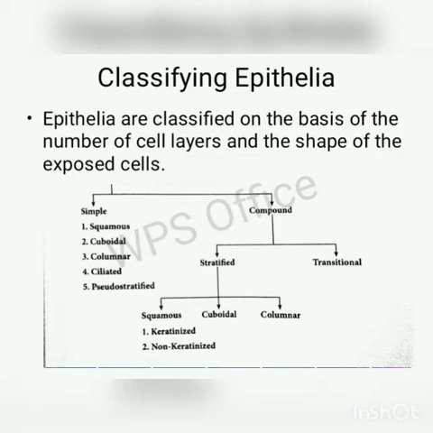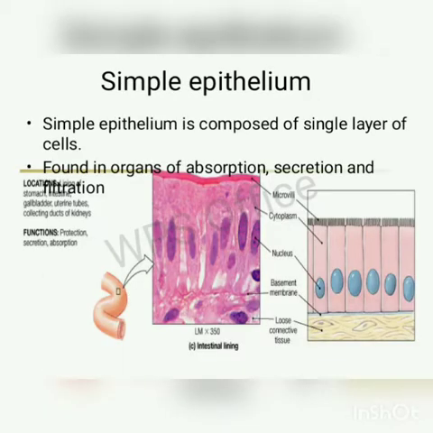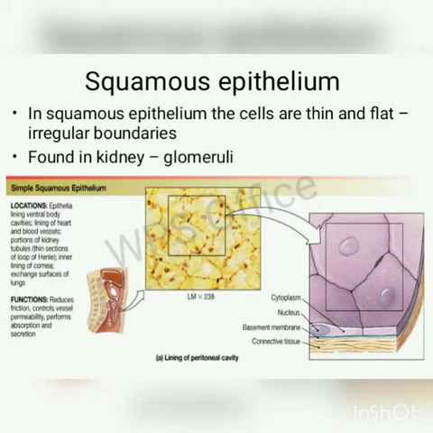This simple epithelium has different types. Let us see one by one. First, the simple epithelium is composed of a single layer of cells and is found in organs of absorption, secretion and filtration. In squamous epithelium, the cells are thin and flat. They are found in kidney glomeruli.